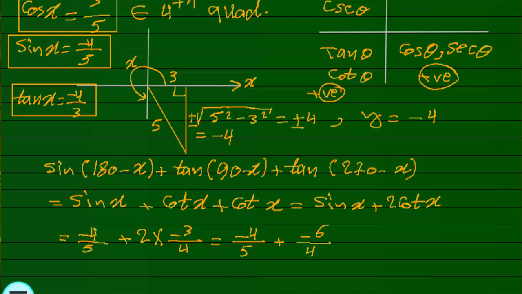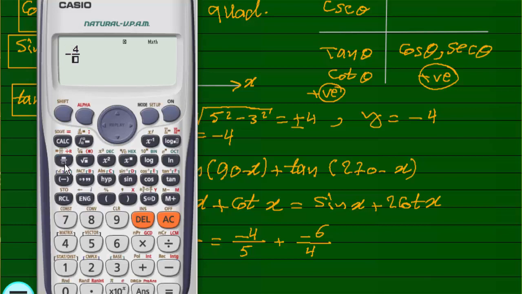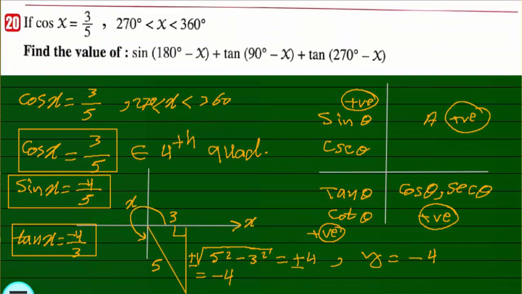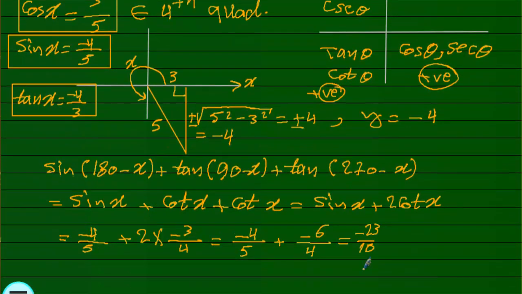And we'll use the calculator: negative 4 over 5 plus negative 6 over 4, and the result equals negative 23 over 10. So this is the final answer here.